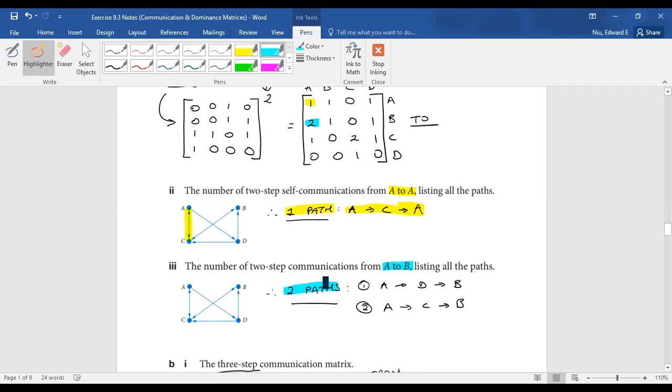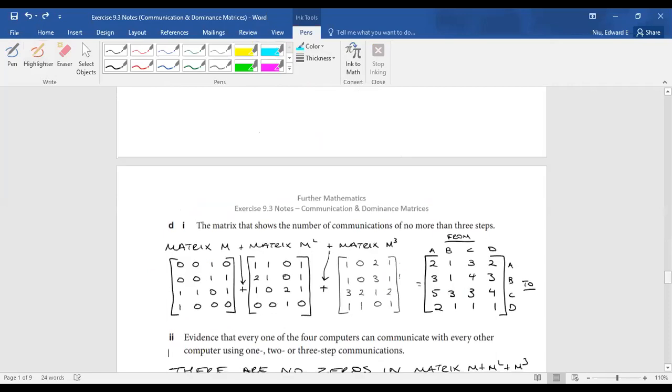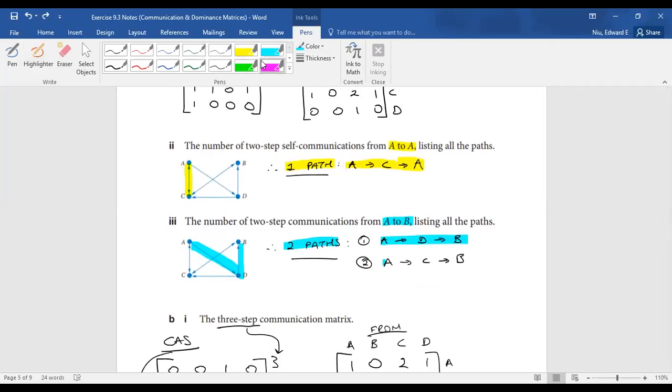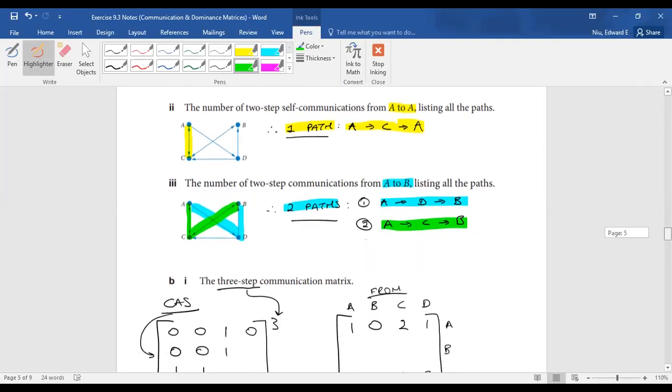So what we have is the first path, A to D to B. So we could go from A to D to B, or we could go from A to C to B. Let's use green. A to C and up to B. So those are the 2 ways that's shown in the communication matrix above, and we've listed the path.